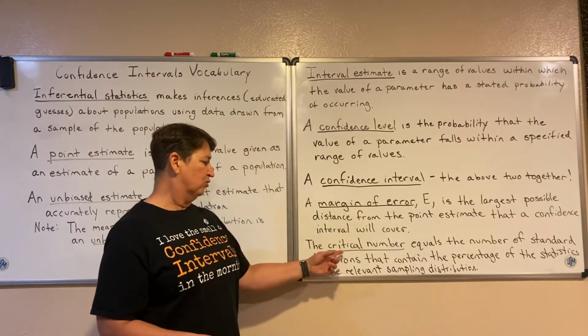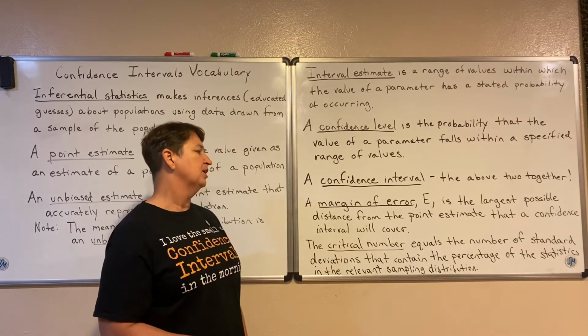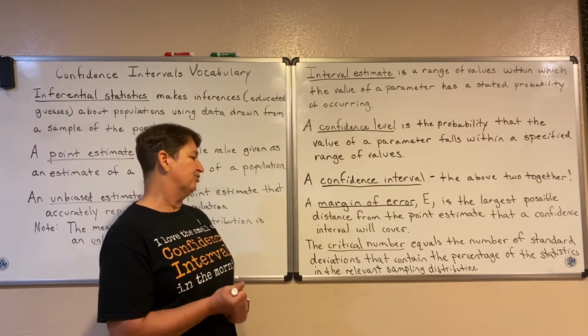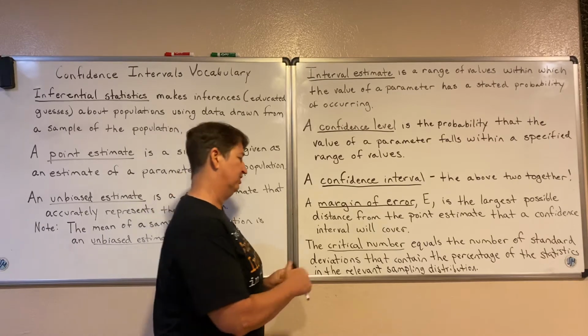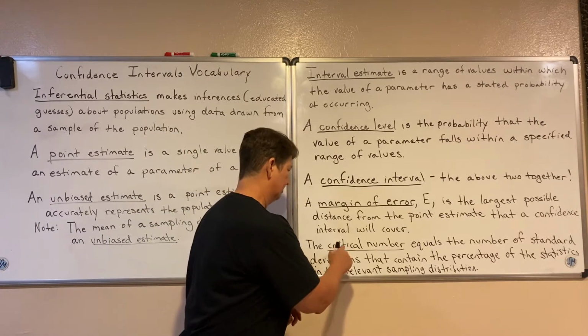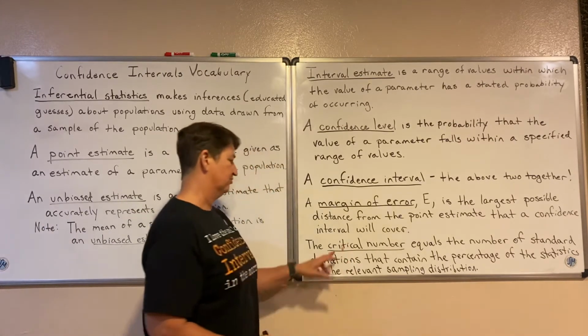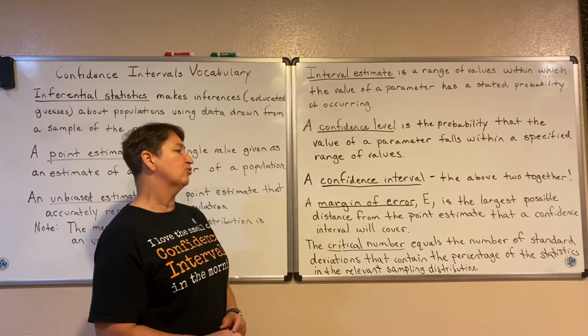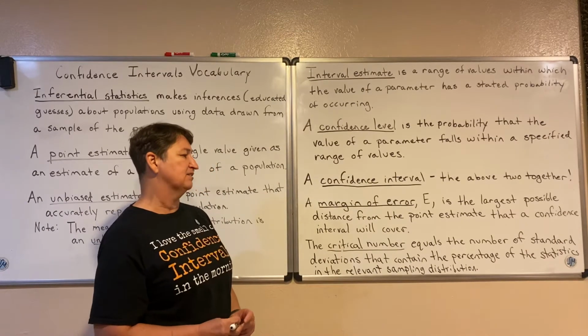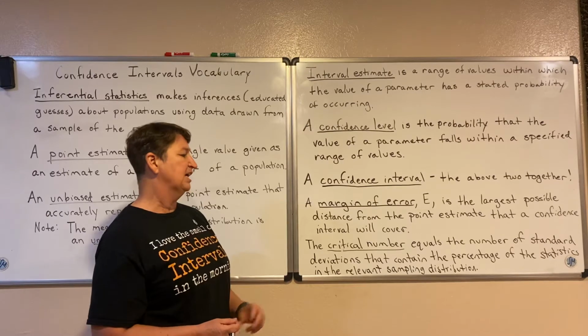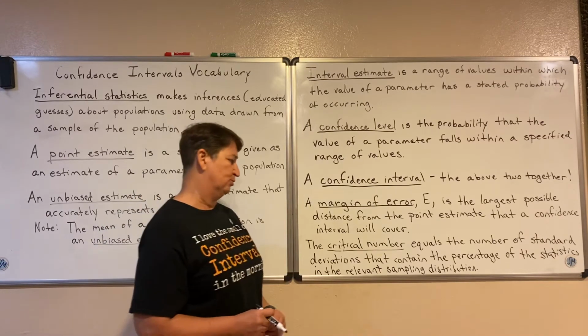Then the critical number equals the number of standard deviations that contain the percentage of statistics in the relevant sampling distribution.